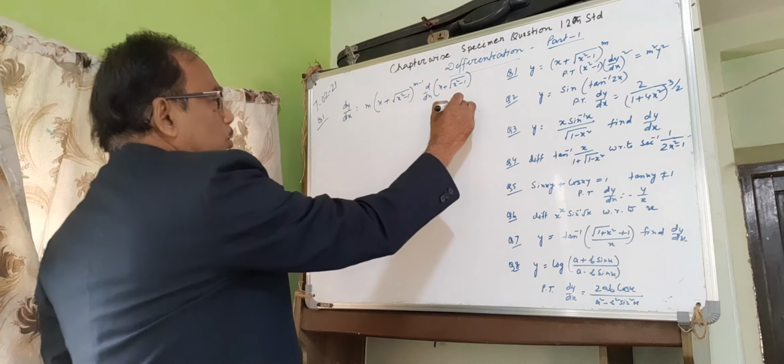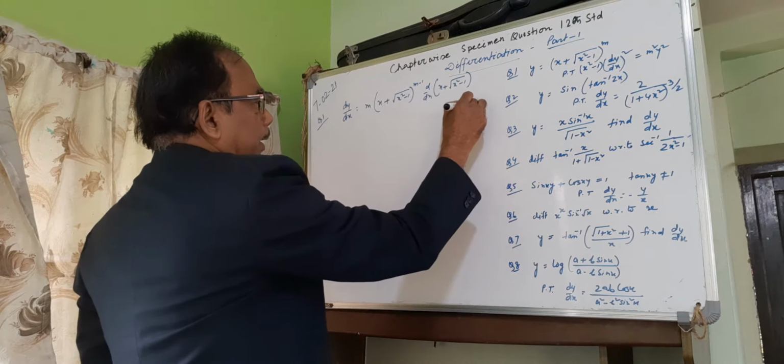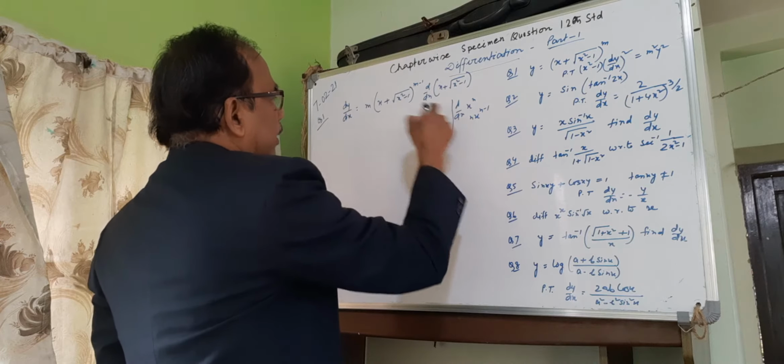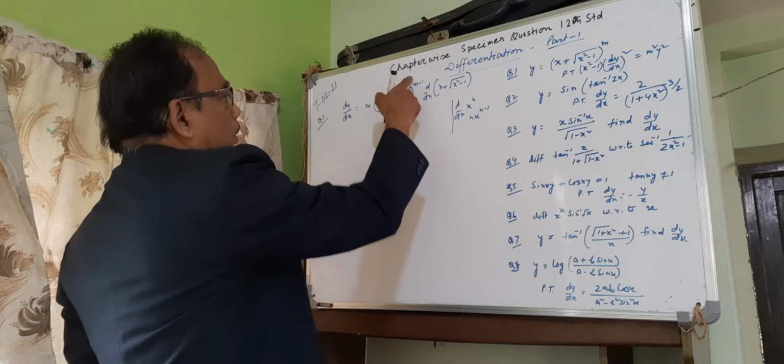We know d dx of x to the power n is n x to the power n minus 1.